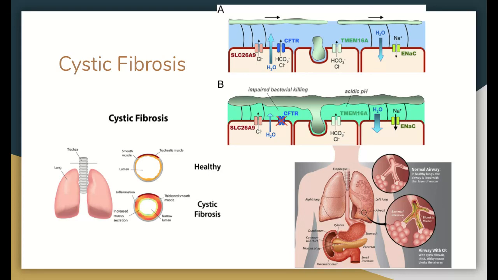When someone is born with this, the common thing that people do is they hold their child with their head down, cup their hand, and hit their back multiple times a day to try and flush out some of that mucus to reduce the chance of infection. But there's a lot of complications that can occur from this disease.